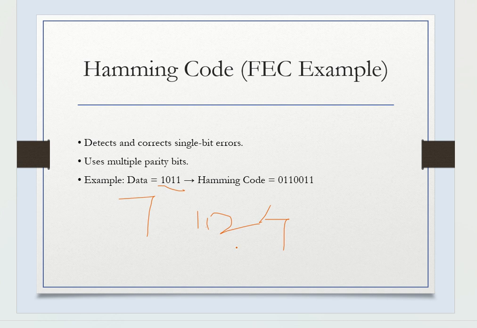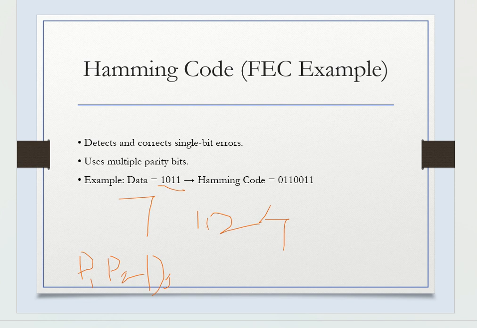Set the parity bits. The data bits are 4, plus 3 parity bit positions: 1, 2, and 4 are the parity bits.